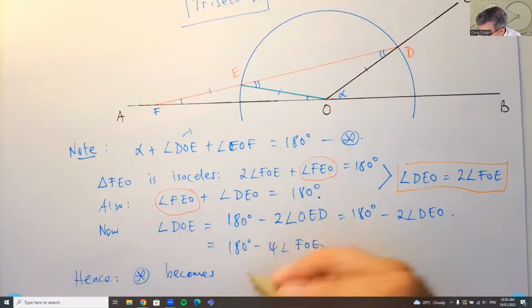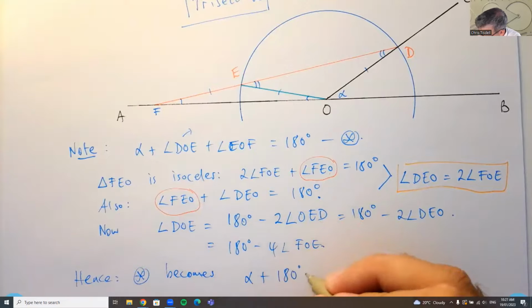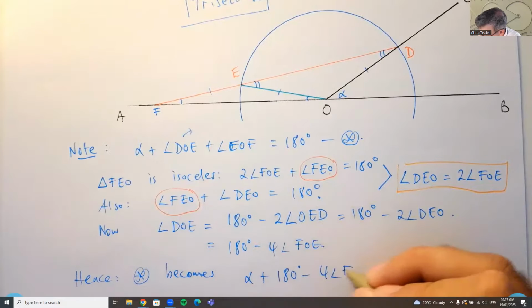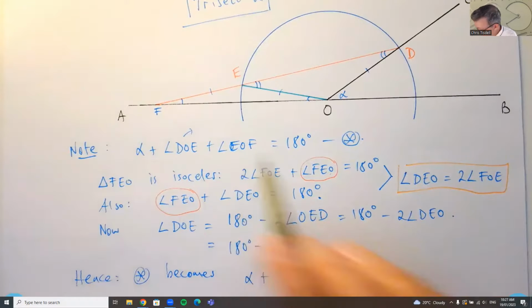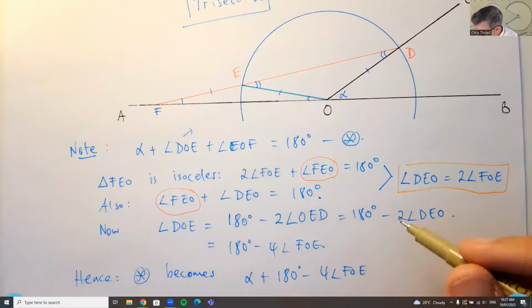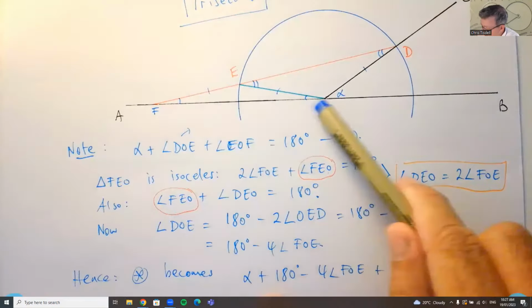Okay, so it's going to be alpha plus angle DOE, which is this, written in terms of FOE, plus EOF, which is the same angle, right? So FOE is the same as EOF.